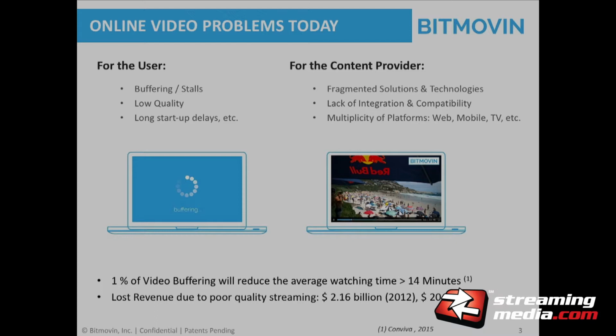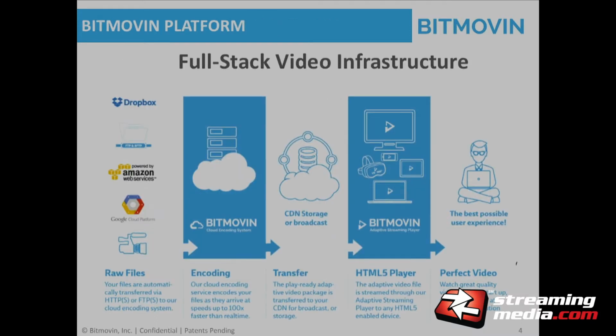To give you a little background on why I'm doing this presentation, at Bitmovin we are a video infrastructure provider. We provide cloud encoding, we provide HTML5 players, and we have a sweet spot on DRM protected workflows for live as well as on demand. Here we try to make it as easy as possible.